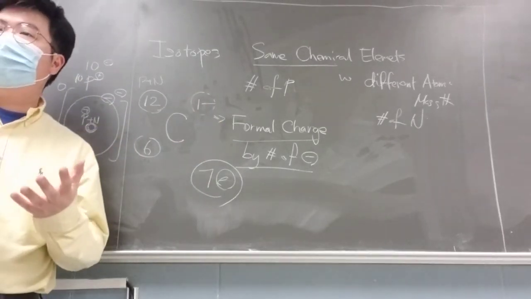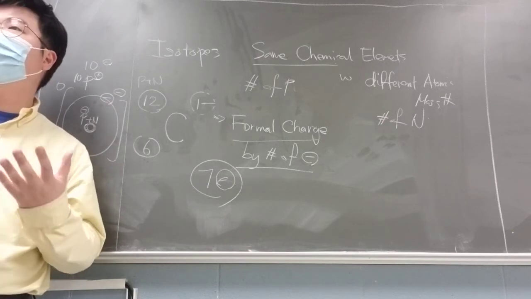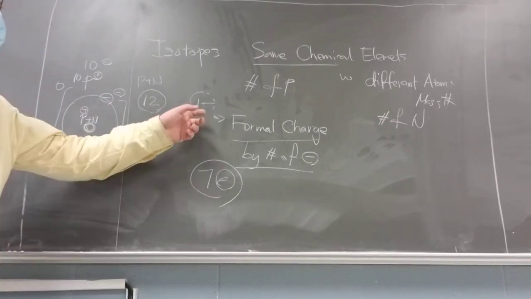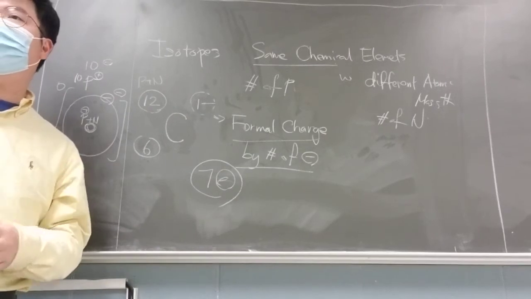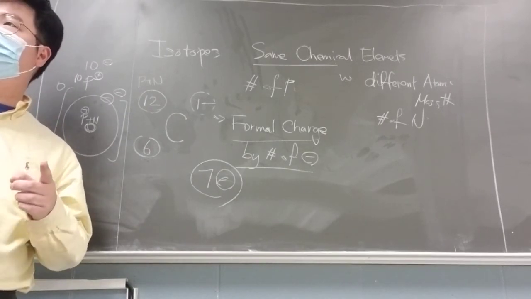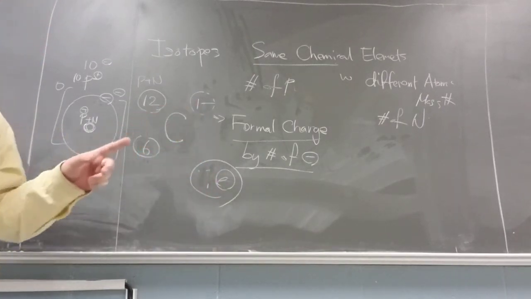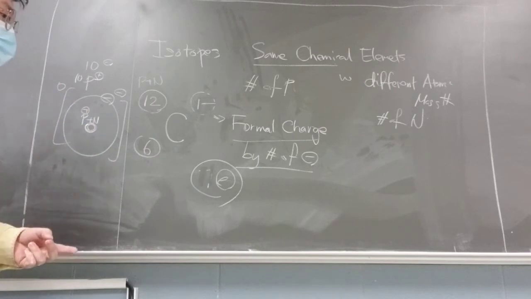So the formal charge of carbon with 7 electrons will become -1. And this is the way you can put the formal charge on your chemical element symbol. Makes sense, right? Perfect.